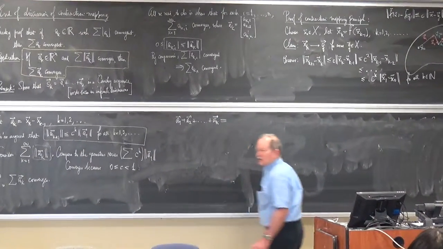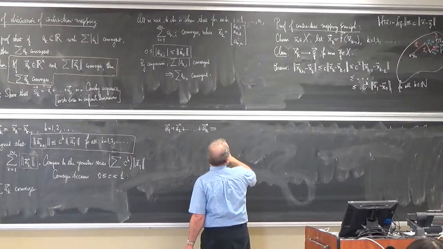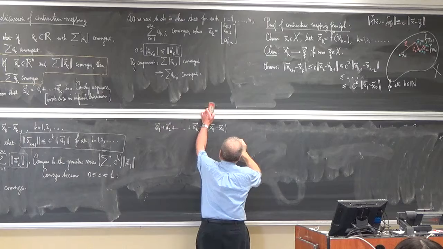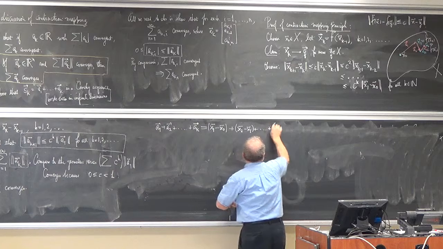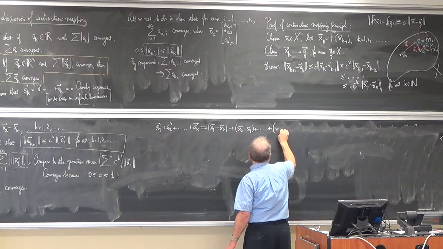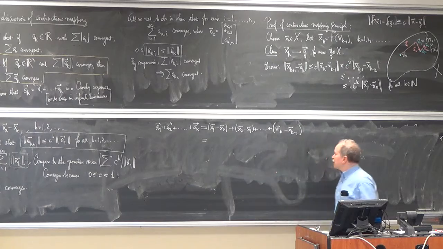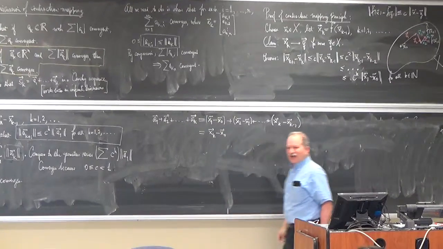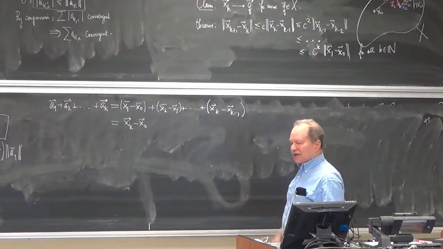You get x1 minus x0 plus x2 minus x1 plus up to xk minus x(k-1). So what does this whole thing do? It telescopes. It's what's called a telescoping series, if you remember that from your calculus days. Everything cancels but the zeroth term and the last term, leaving xk minus x0.